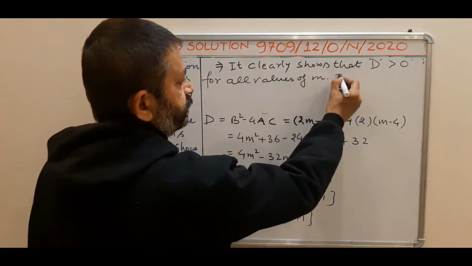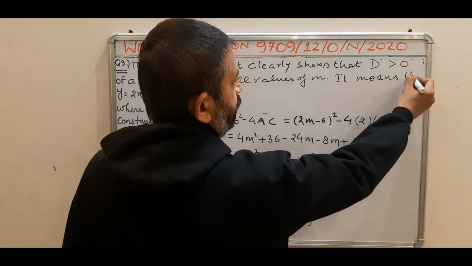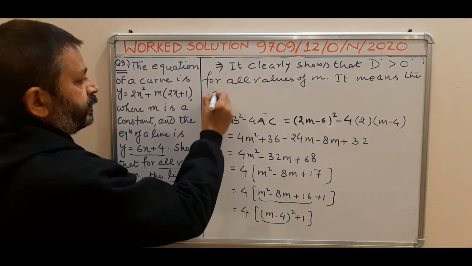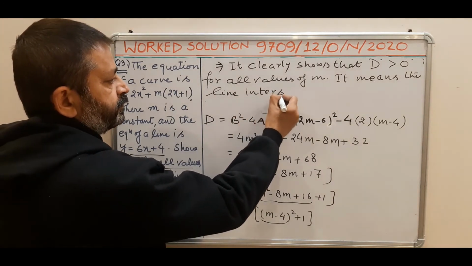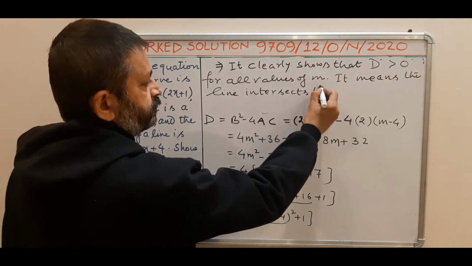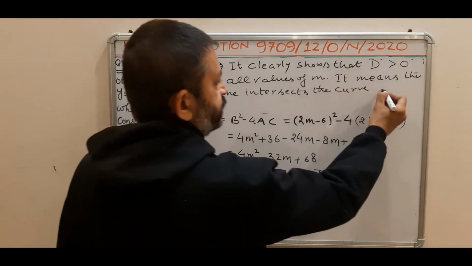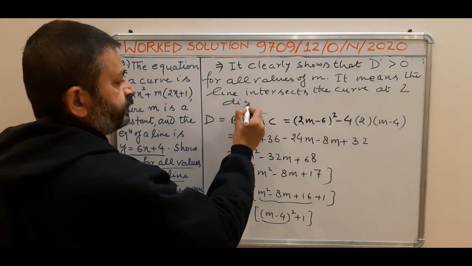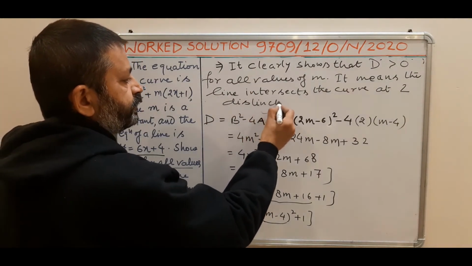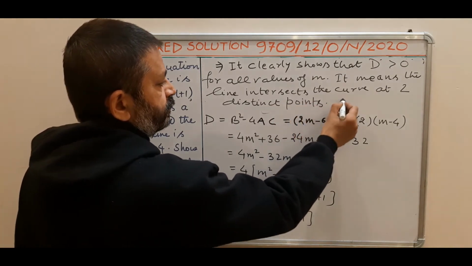It means the line intersects the curve at two distinct points. Proved. This is your answer.